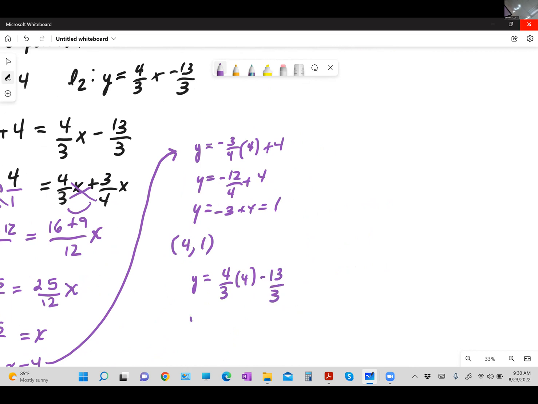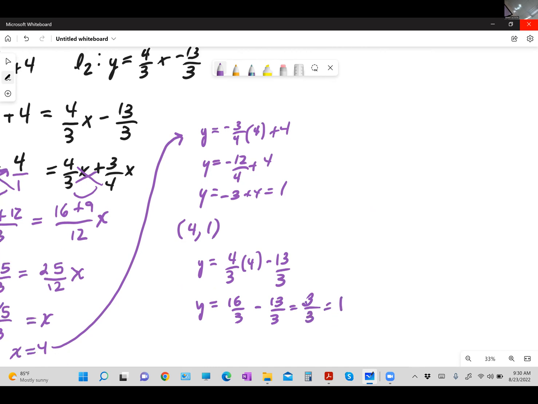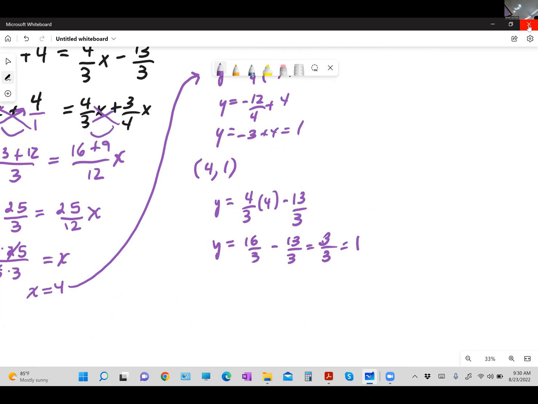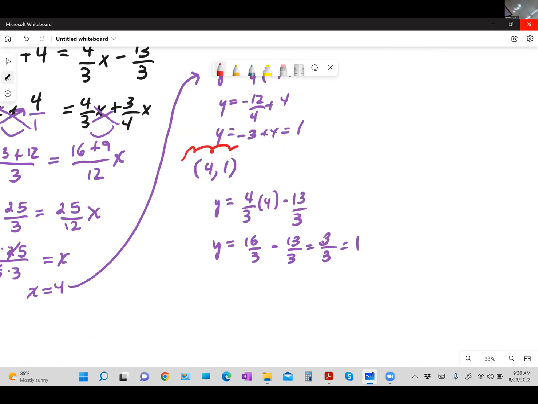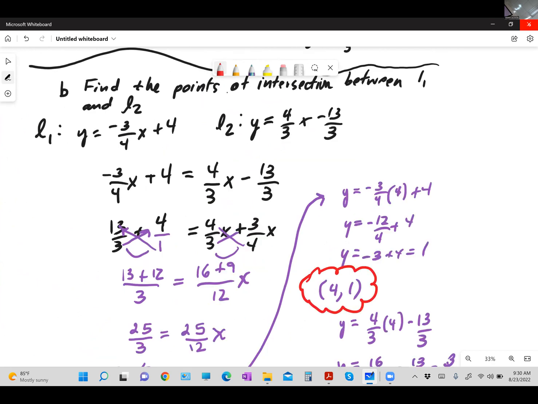So we got 16/3 minus 13/3. Sorry, that's 3/3, which is what? 1. So our answer is indeed 4, 1. That is the point of intersection between those two lines.